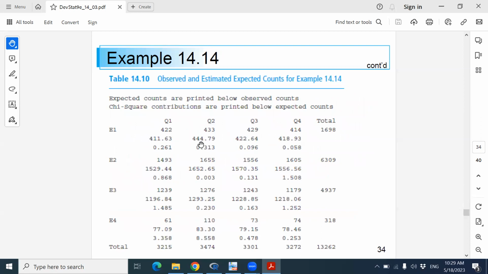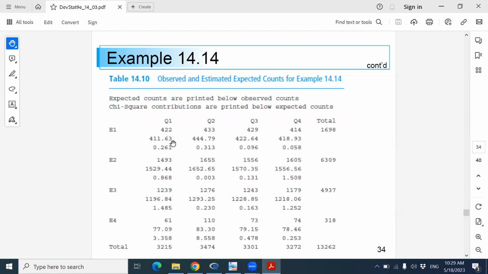In this table, observed cell counts are listed first, and then the expected cell counts are given right below the observed count. For example, in the cell E1, Q1, we have 422 individuals, and 411.63 is the expected count in that cell.